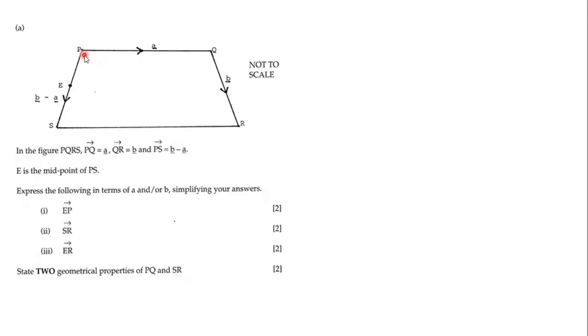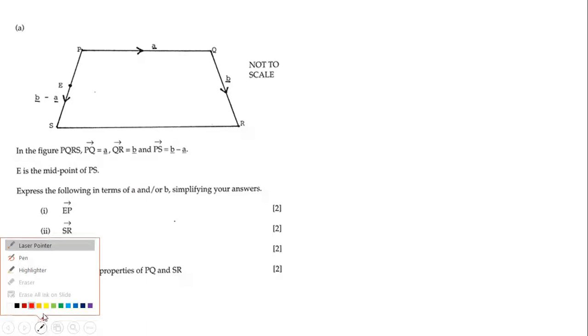Well, clearly we can see that PQ is smaller than SR, and SR is bigger than PQ. And the question is, how much bigger or how much longer is SR than PQ?